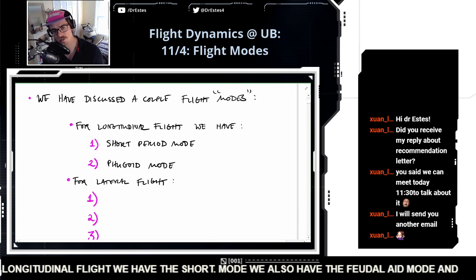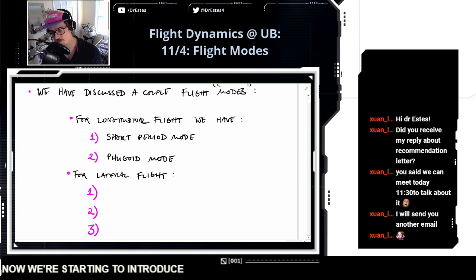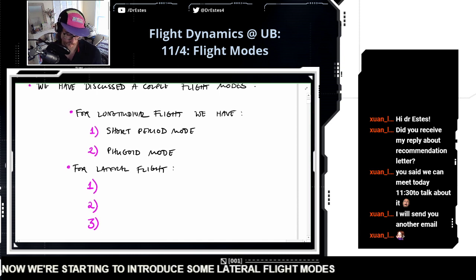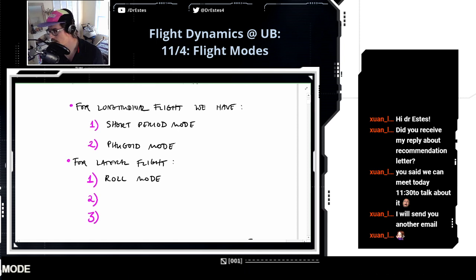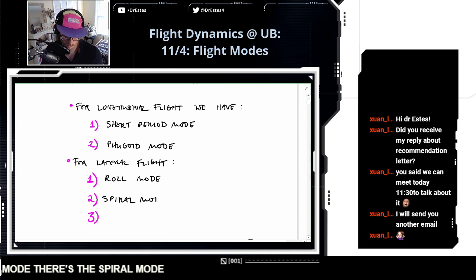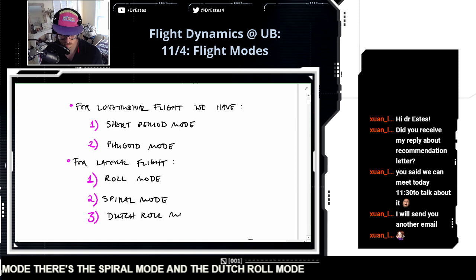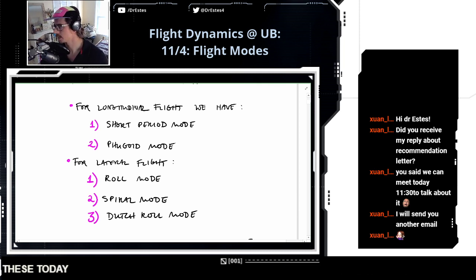And now we're starting to introduce some lateral flight modes. So there's the roll mode, the spiral mode, and the Dutch roll mode. We'll zero in on each of these today and see where they come from.